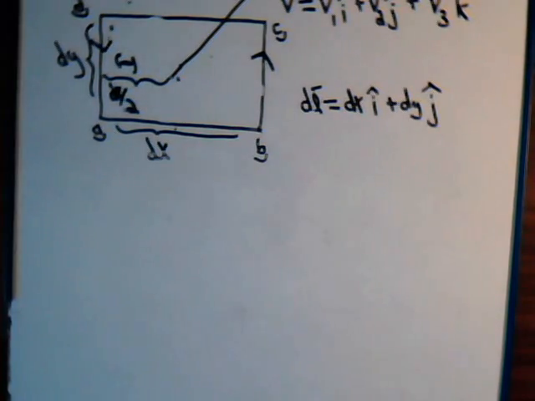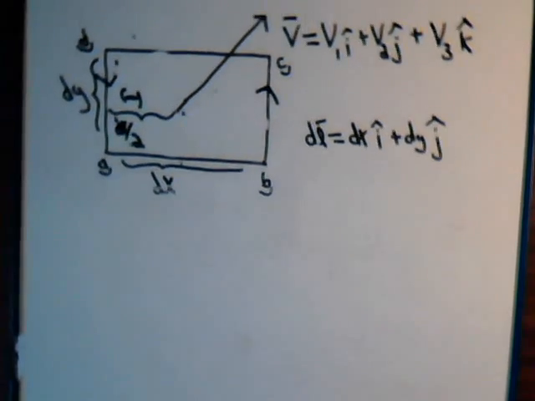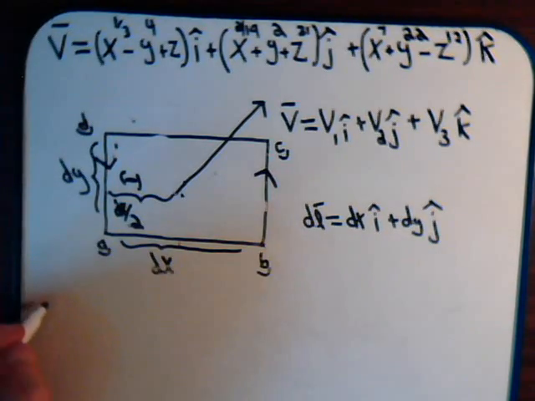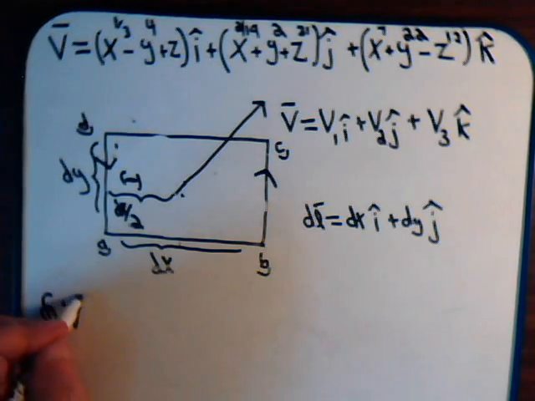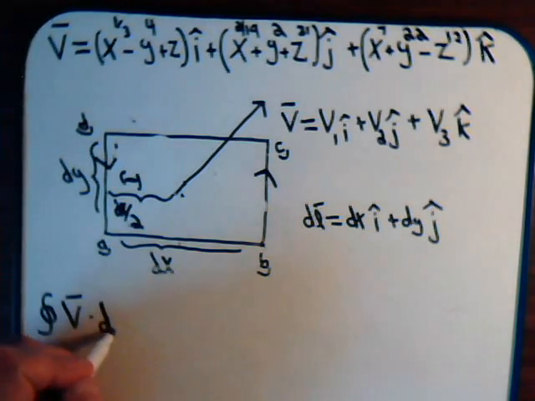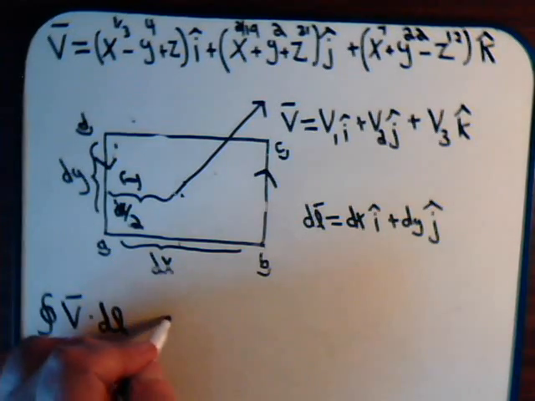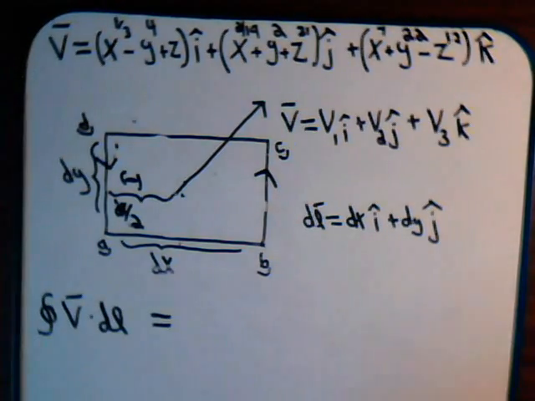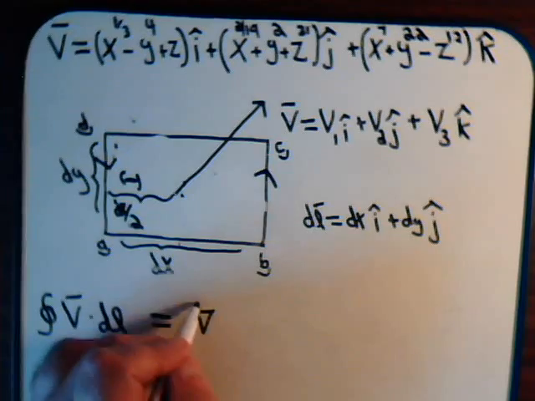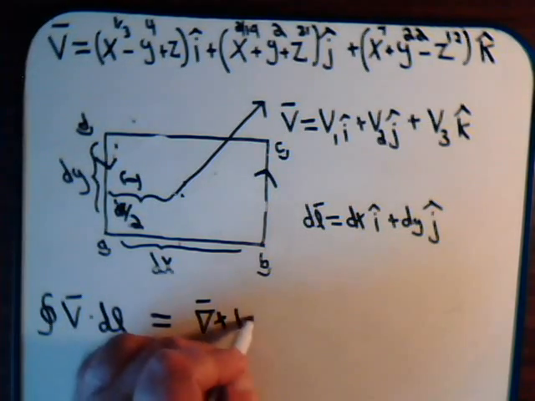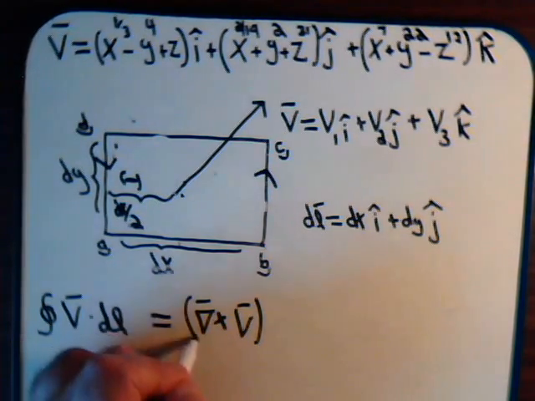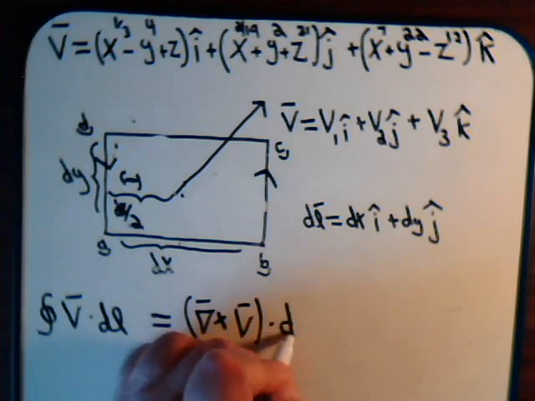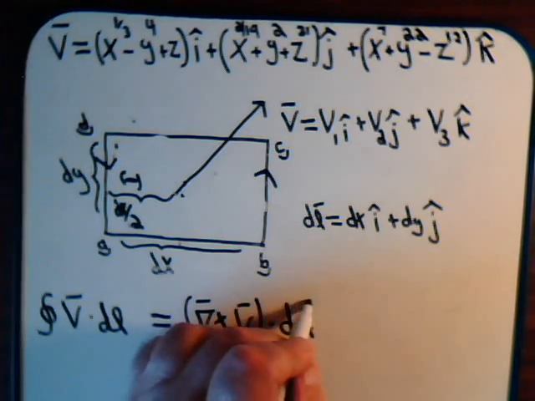What we have right now is v dot dl, and that equals the curl of v dot dA.